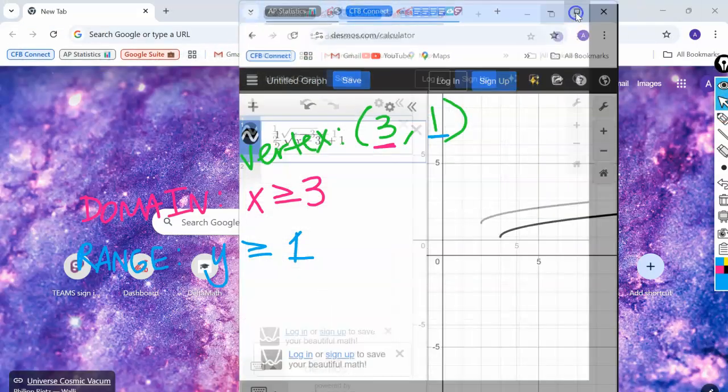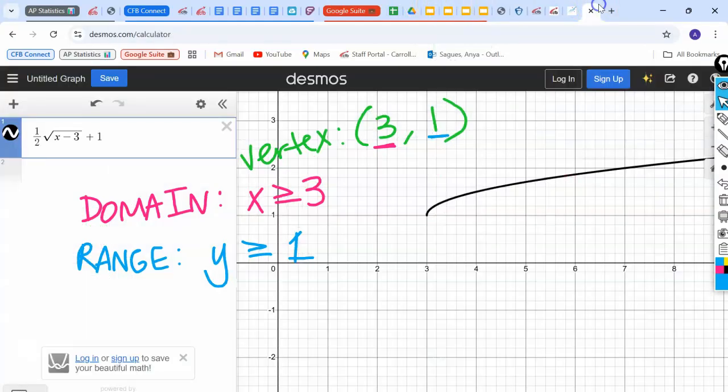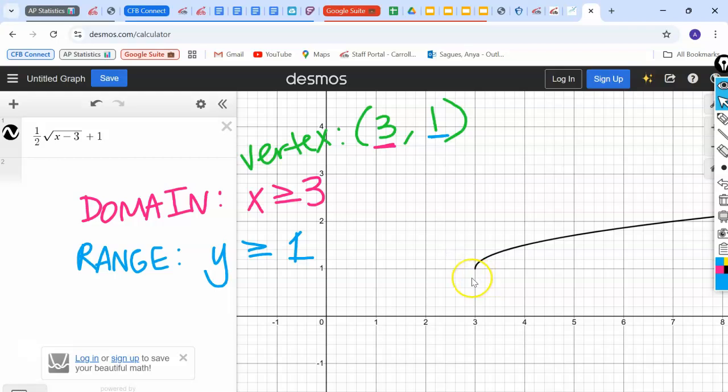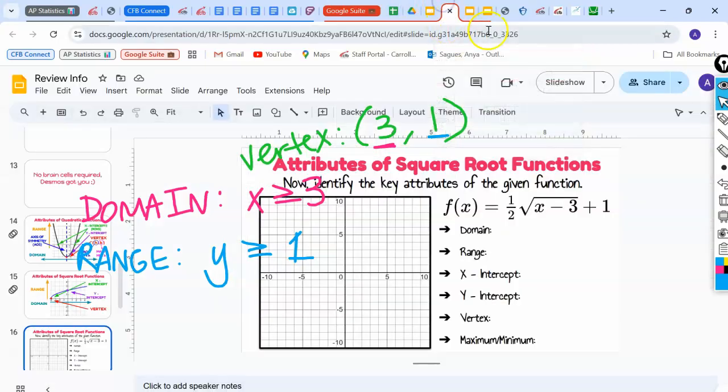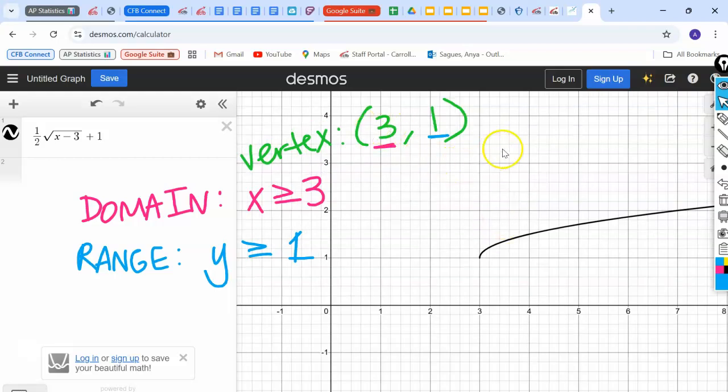Then, oh no. Then it's also asking me about the x-intercept. Okay, well, it doesn't cross the x-axis, so there's no x-intercept. And it also doesn't cross the y-axis, so there's no y-intercept. How fun. And then the vertex, we already said it's 3, 1.